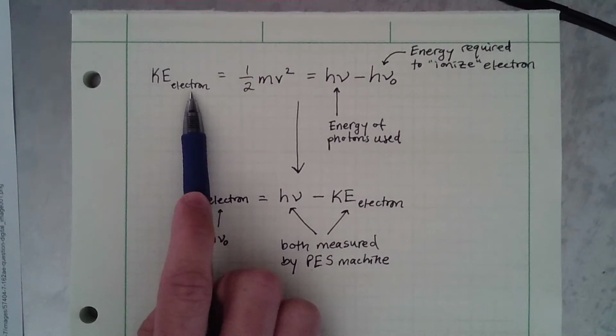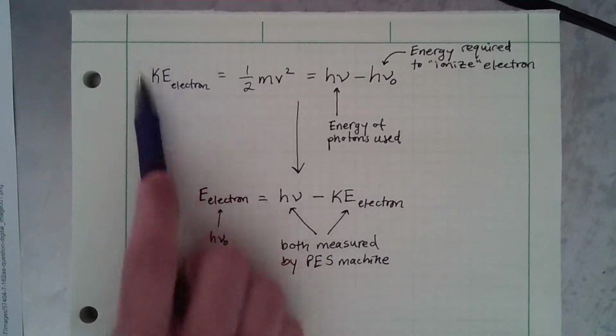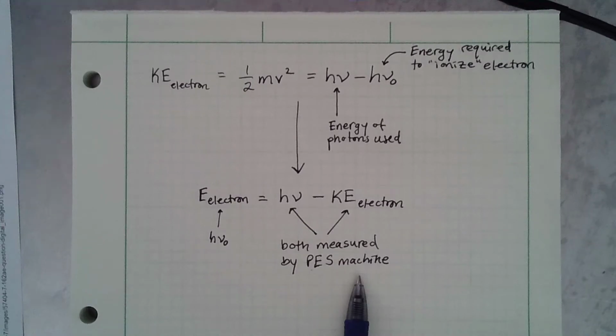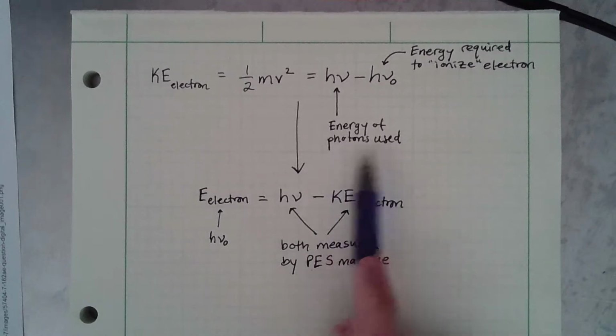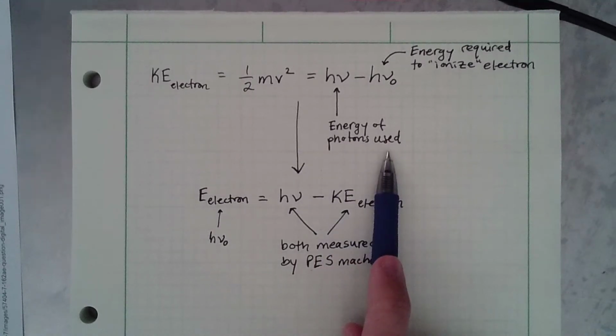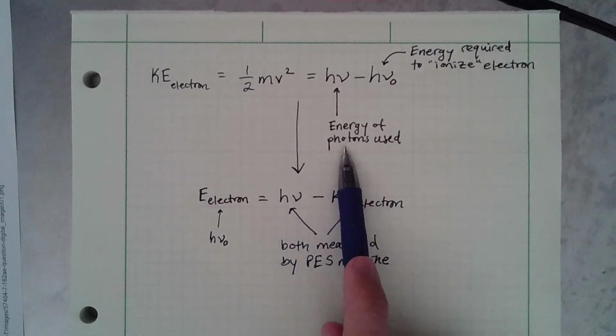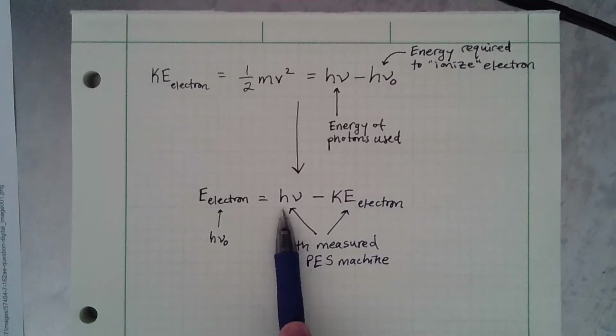This right here is measured by a photoelectron spectrometer machine, along with the energy of the photon that's used. So you can set the amount of energy you want to use in those photons that get shot at the substance.